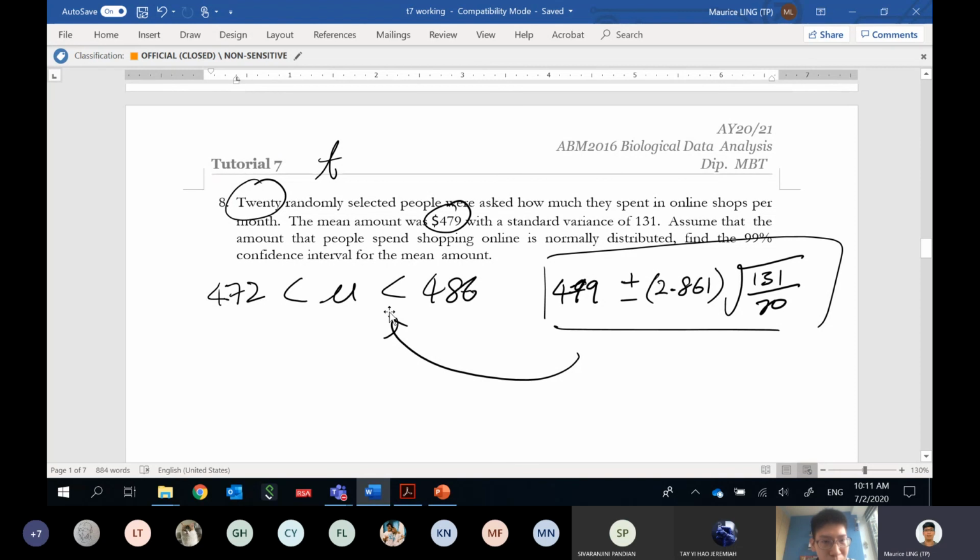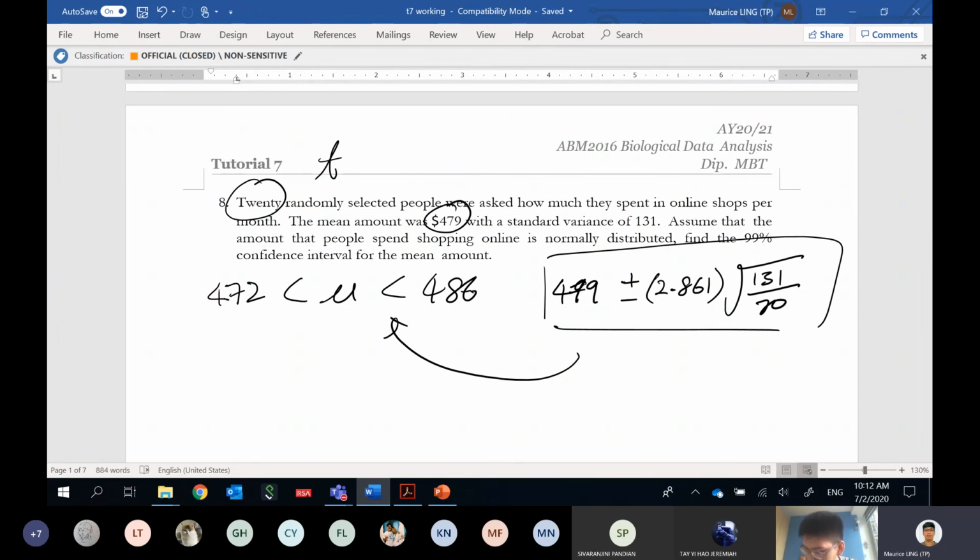Meaning that the mu is greater than 395.2, but is lesser than 562.7, sir. I mean, after we did the... No. How do you get that?